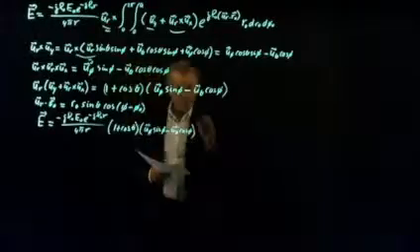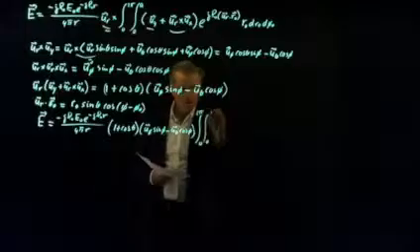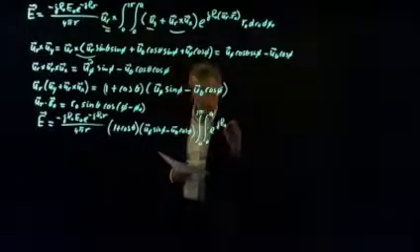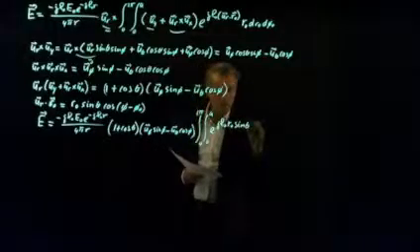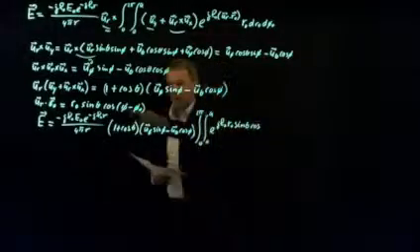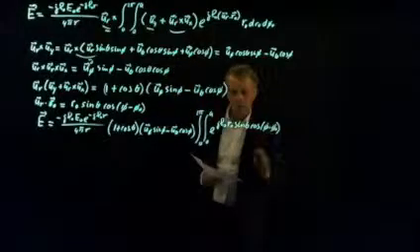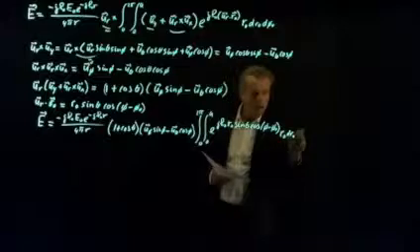And then the integral, again, still to be worked out, of the exponential of r sine theta cosine phi minus phi naught, and then r naught dr naught d phi naught.